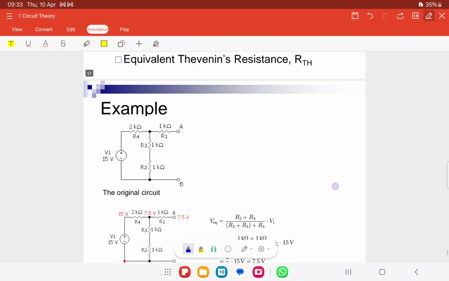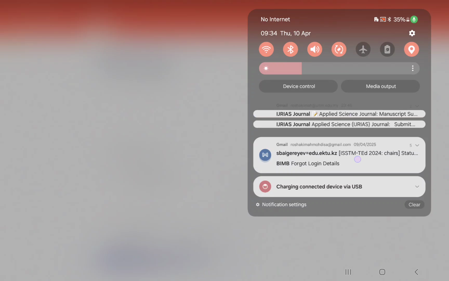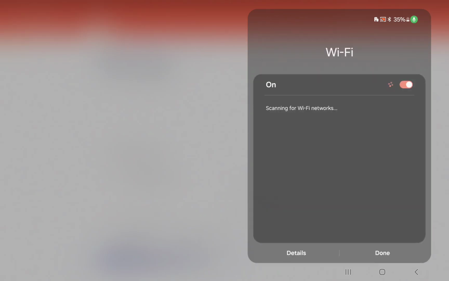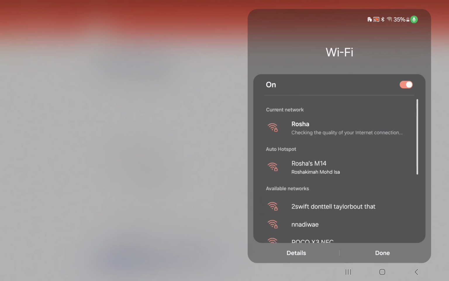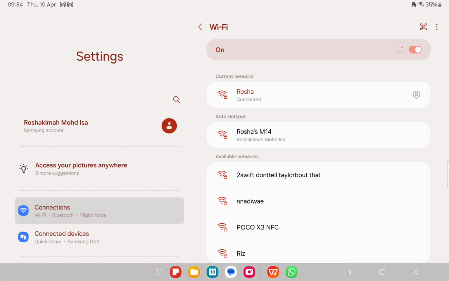Contoh yang asal dia. Tapi now we dah tukar dia punya value kan. Kejap. Okay.